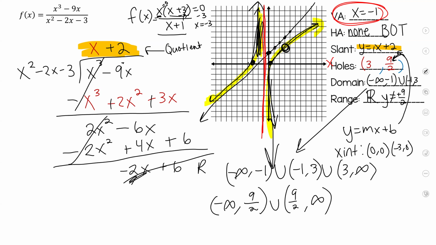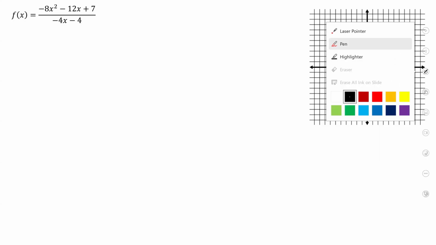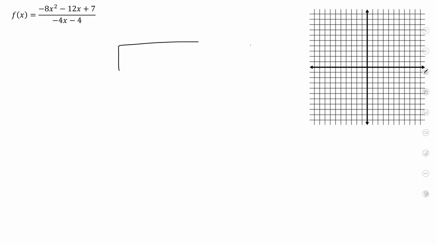Okay, let's do another example of finding the slant asymptote. All right, so we have -8x squared minus 12x plus 7. How do I know I'm going to have a slant asymptote? Yes, the degree of the numerator is 1 degree above the denominator.